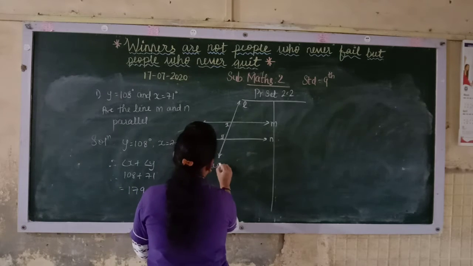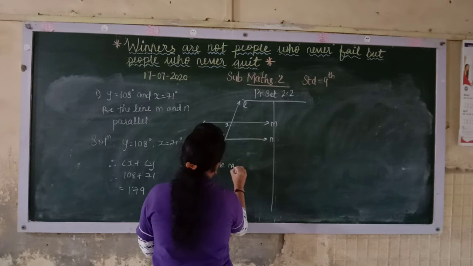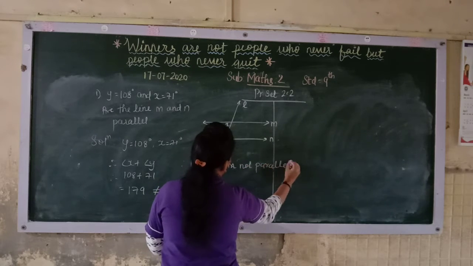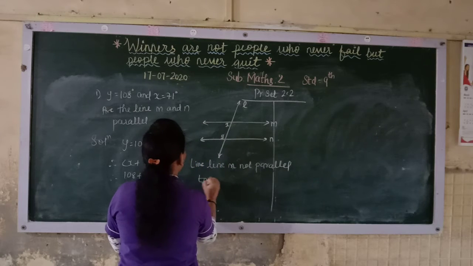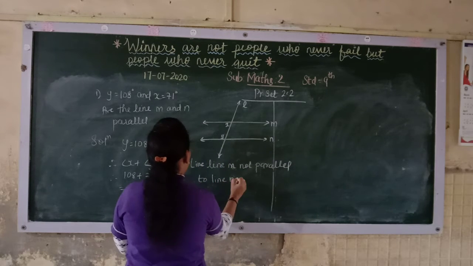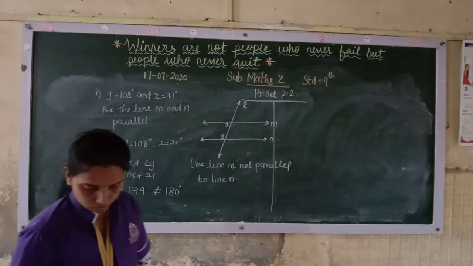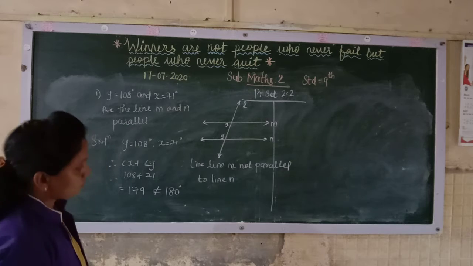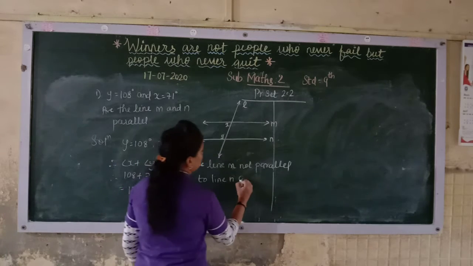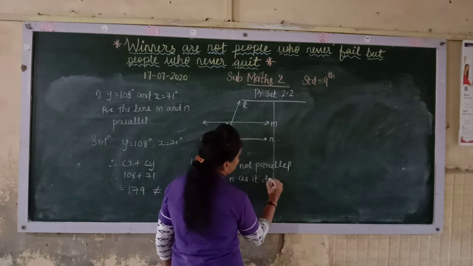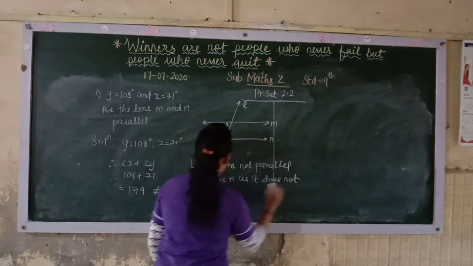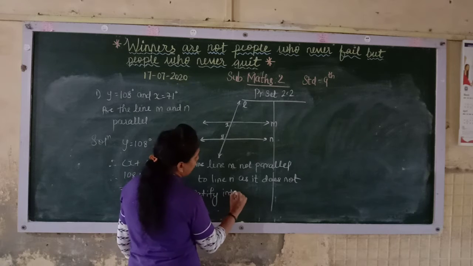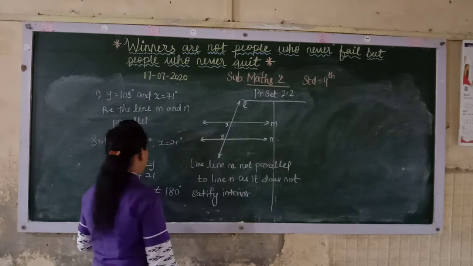Therefore, line m is not parallel to line n, as it does not satisfy the interior angle test, because here it is failing the interior angle test.